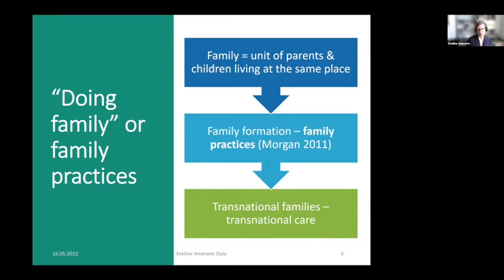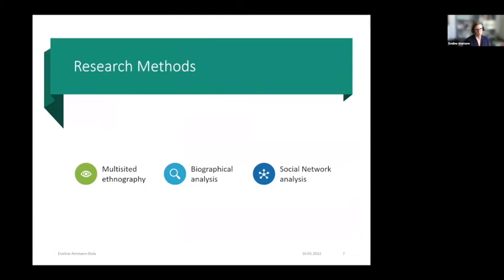They are maybe not built just by being relatives, but by other practices. Morgan focuses on these practices that build family, especially on the topic of transnational care, which is very relevant today, and on transnational families. So we have to look at what comes together, what the links are, and what the practices are behind. So which methods can we use to fit these new methodological frames?